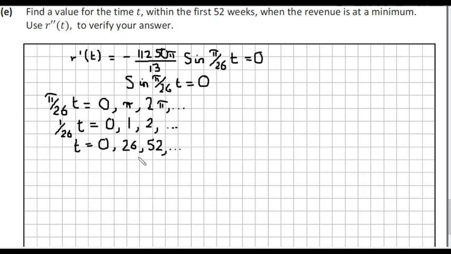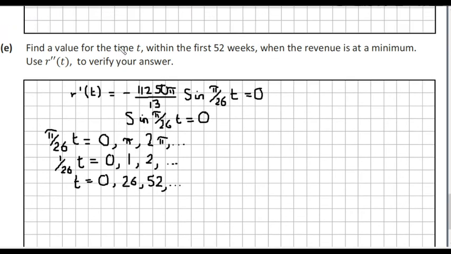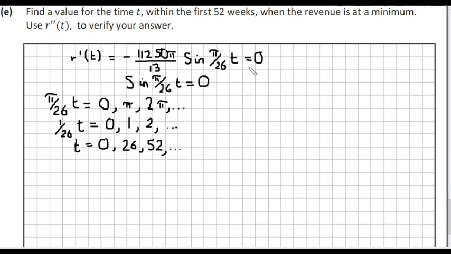Now, it says find a value for the time t within the first 52 weeks when the revenue is at a minimum. It will have to be one of these values, because all of them are within the first 52 weeks.